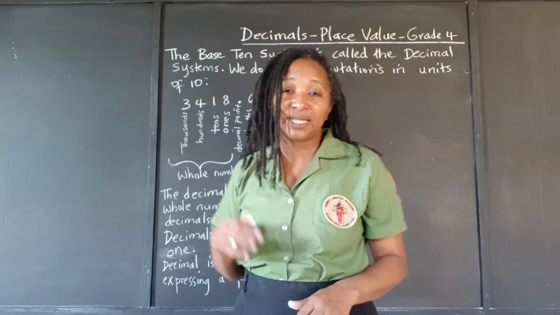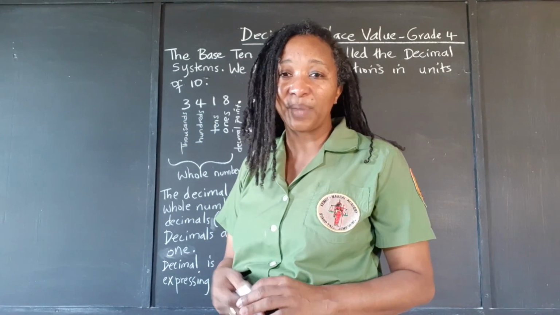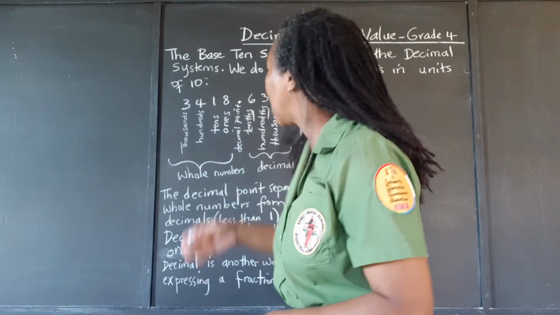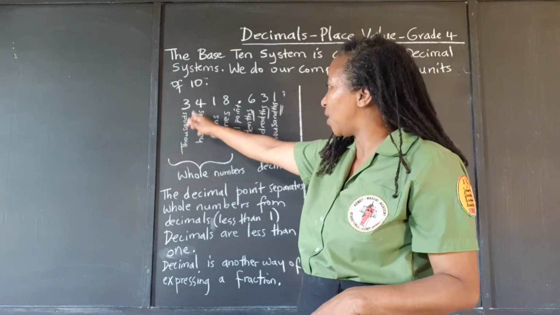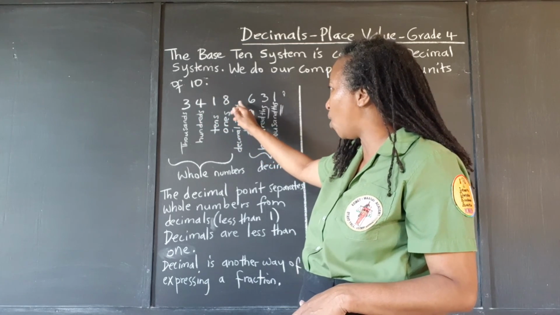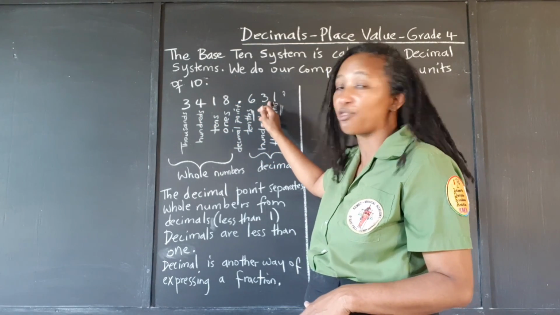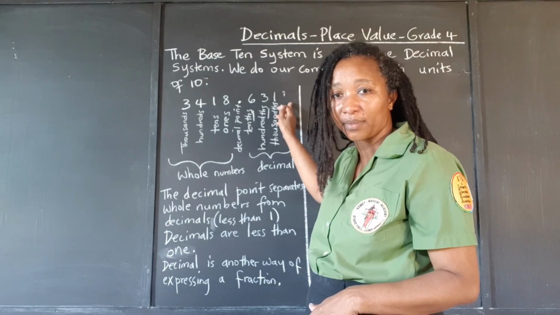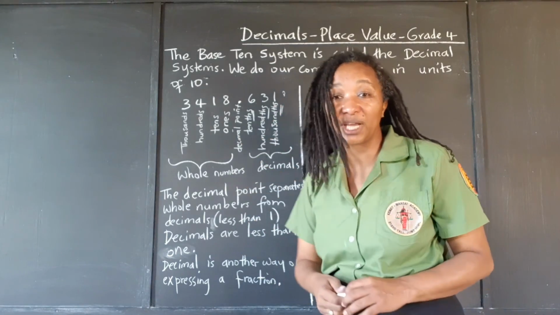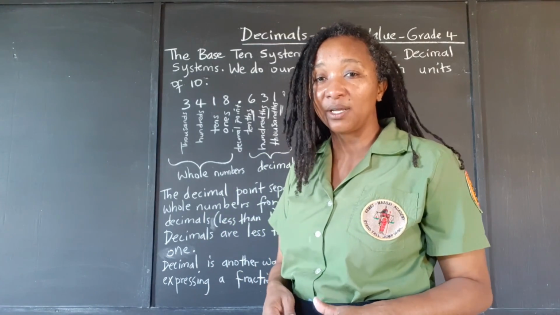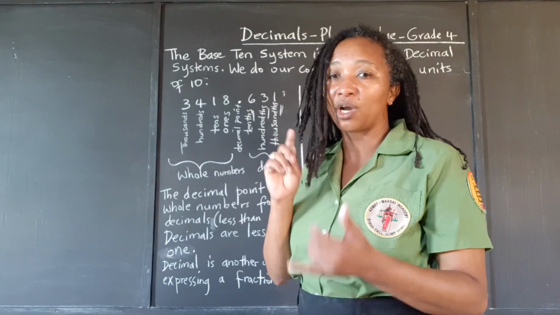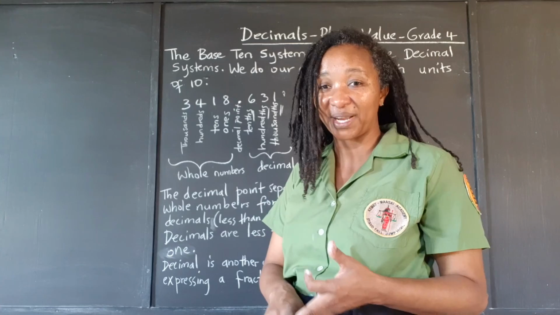When we're reading the decimal part of it, as a way of making that distinction, we call each digit. So we would say 3,418 point 6 3 1. We don't say point 631.